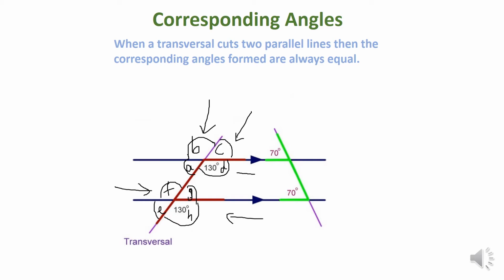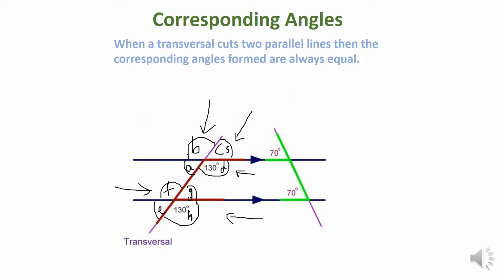Angle D is corresponding to what? Angle H. Why? Because angle D is the bottom angle on the right, and angle H is also the bottom angle on the right. So as you can see, D is 130 degrees and H is also 130 degrees. They are corresponding. Let's say I have C to be 50 degrees.